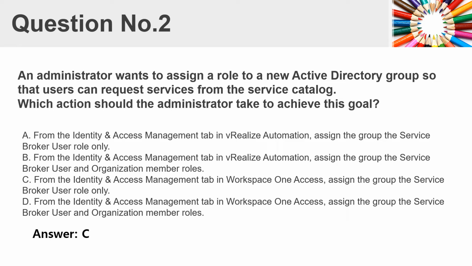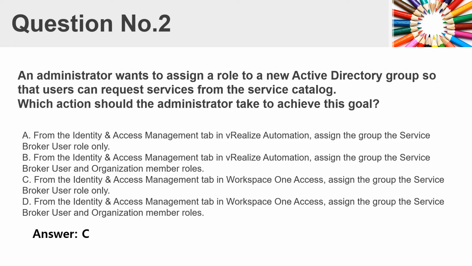Question number 2. An administrator wants to assign a role to a new Active Directory group so that users can request services from the service catalog. Which action should the administrator take to achieve this goal? A. From the Identity and Access Management tab in vRealize Automation, assign the group the Service Broker user role only. B. From the Identity and Access Management tab in vRealize Automation, assign the group the Service Broker user and organization member roles.